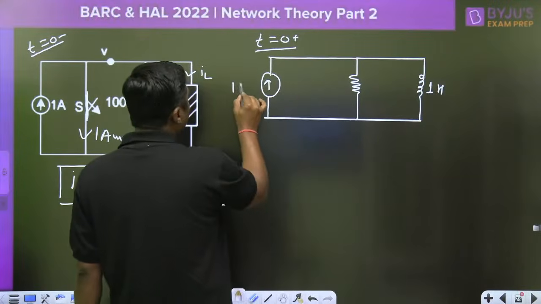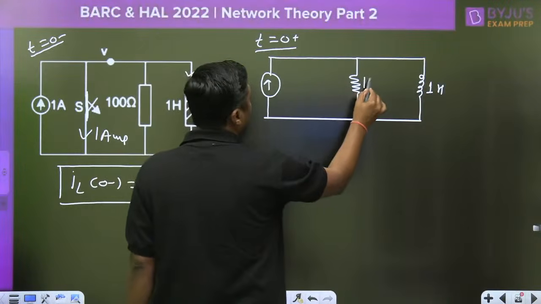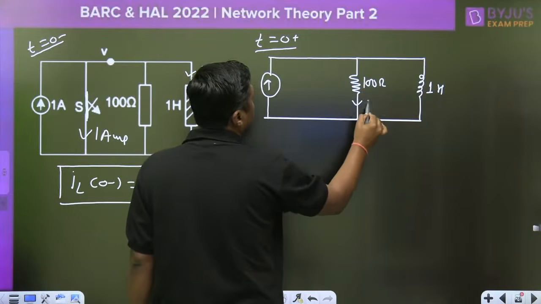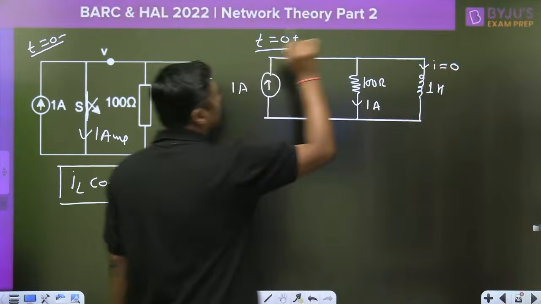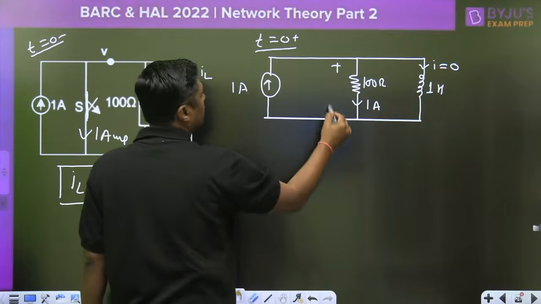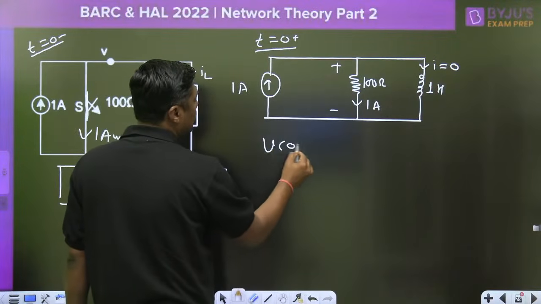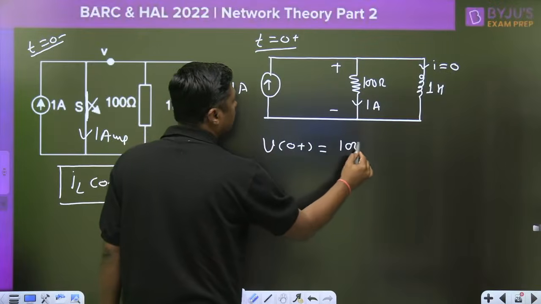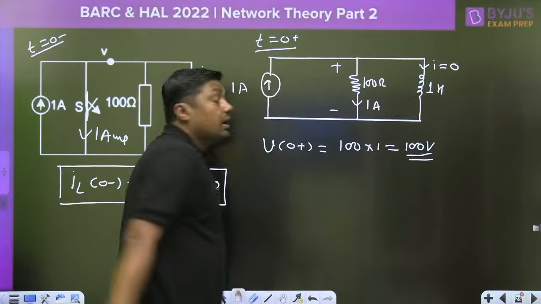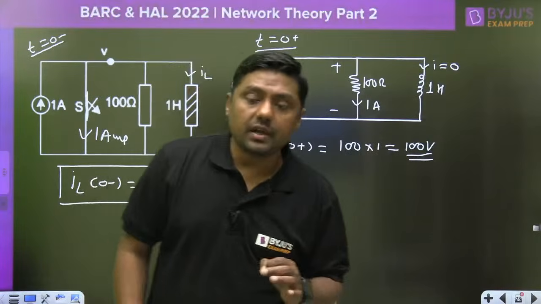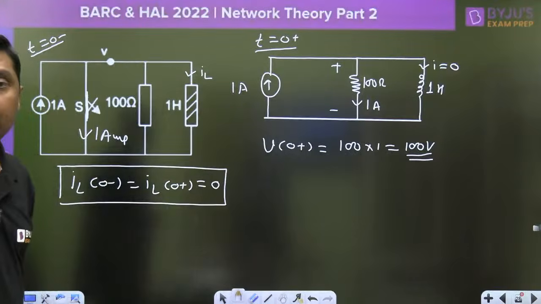Now the 1 ampere current source will pass through the 100 ohm resistor, because the inductor current is initially 0. So V0 plus is nothing but 100 into 1, that is 100 volt. The initial voltage across the inductor is 100 volt.